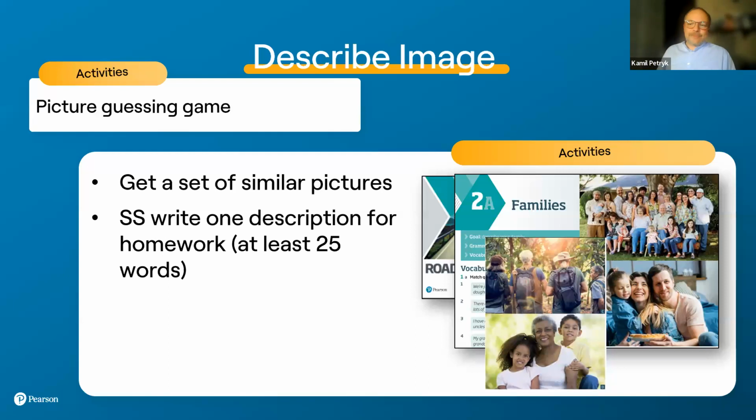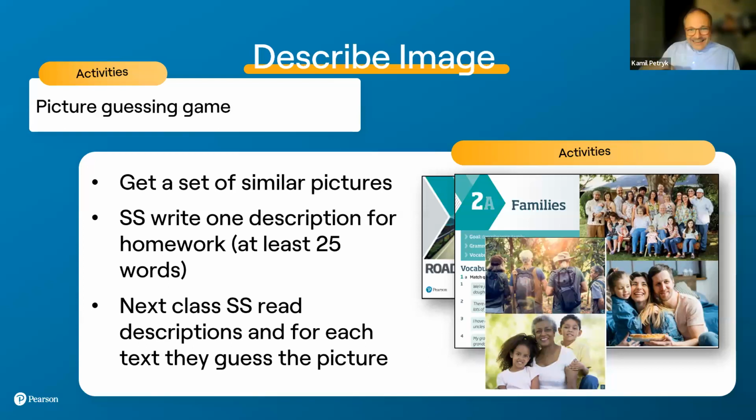So if you set that for homework, you can ask them to choose one picture and describe it. And then they bring it back next class, let's say, and they exchange or they read out the text, and the other students have to simply guess which picture is being described.